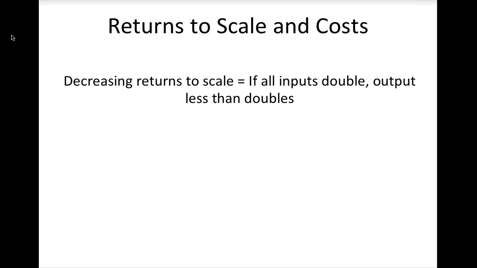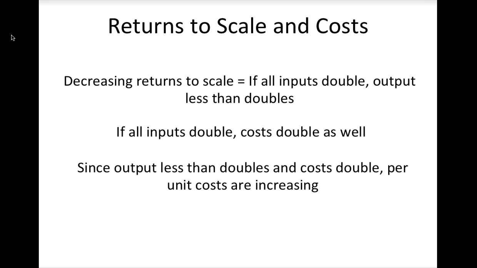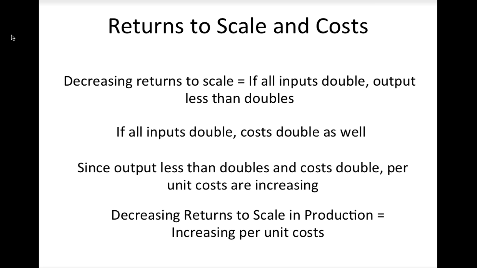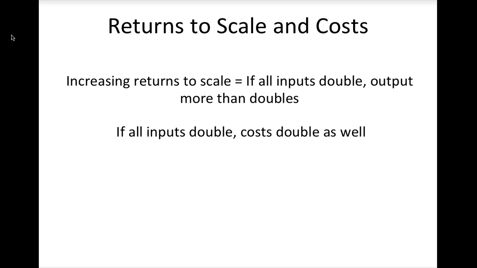If a firm has decreasing returns to scale, when it doubles its inputs, its output less than doubles. Since its costs double, but its output less than doubles, its per unit costs go up. Thus, firms that have decreasing returns to scale in production have increasing per unit production costs. Finally, if a firm has increasing returns to scale, if it doubles all its inputs, its output more than doubles.